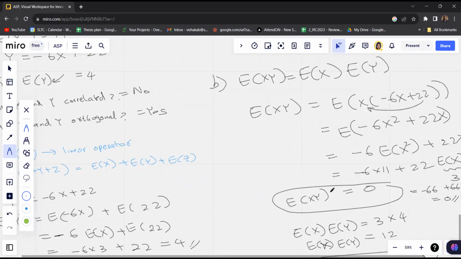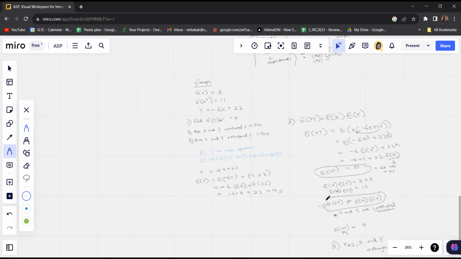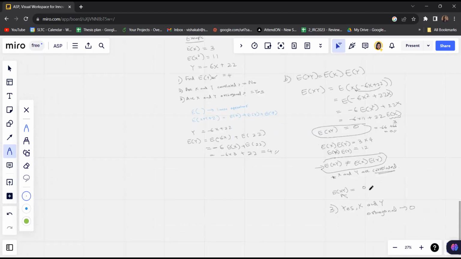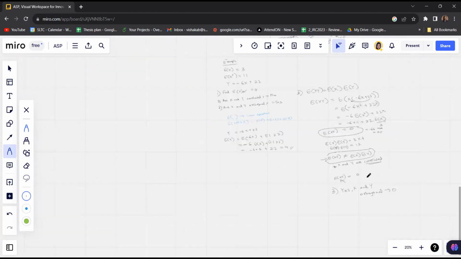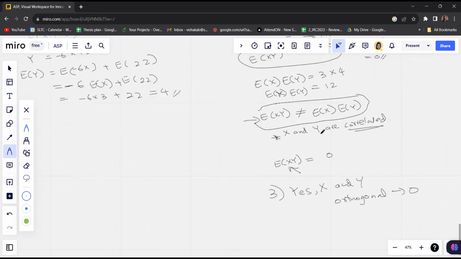Anyway, finally I have got the final answer as 0, which is the one that I wanted to find out. And then using that, I wanted to find out whether they are orthogonal and correlated.